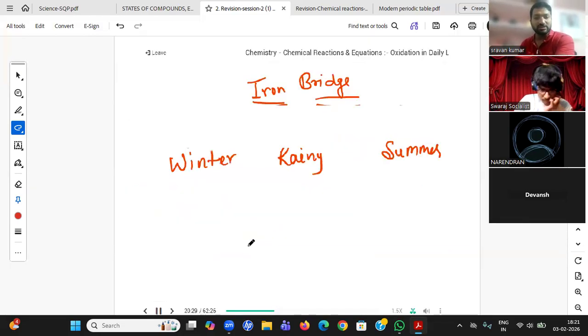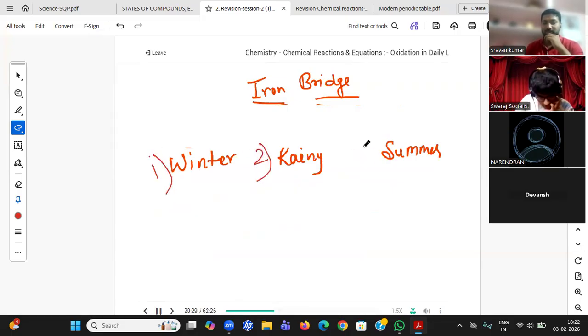Again, if an iron bridge is there, in which season does it corrode? Give me the priority, 1, 2, 3, more to less, beta.